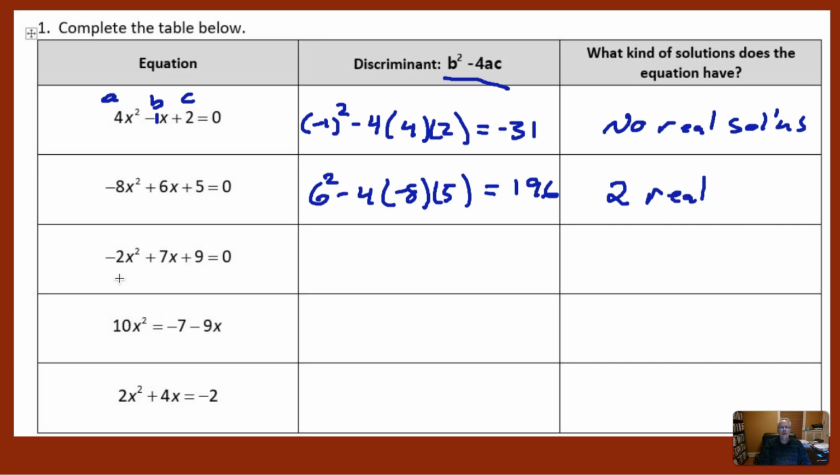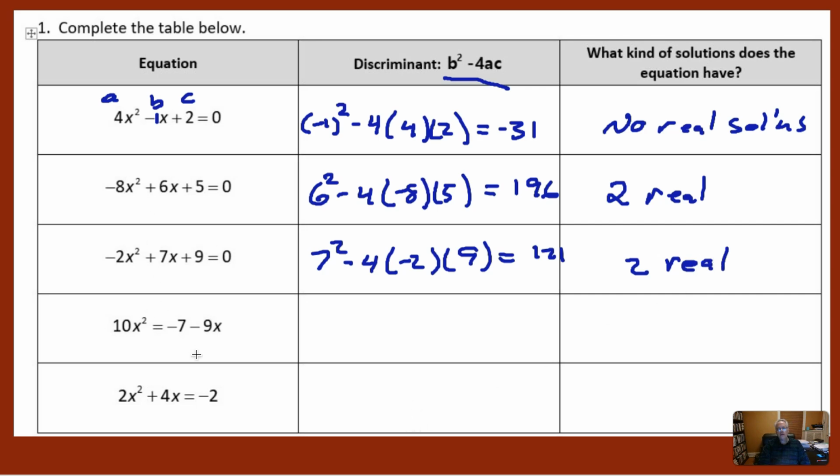Okay, let's try this one. All right, 7 squared, that's b squared, minus 4 times a times c, and this time gives us 121. So again, there are two real solutions we'll get.